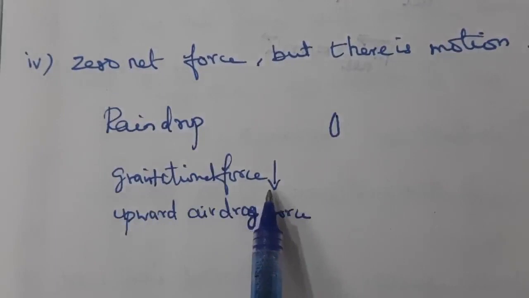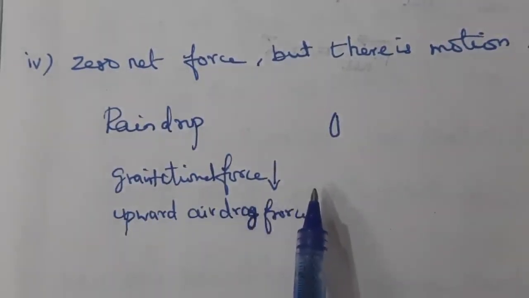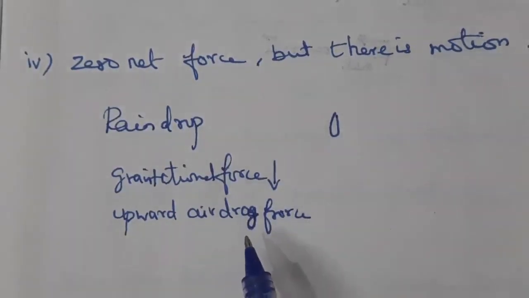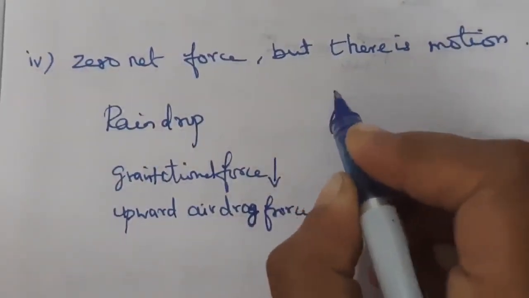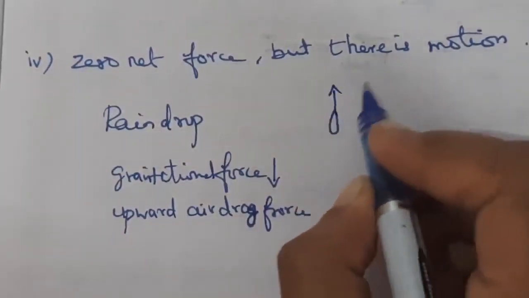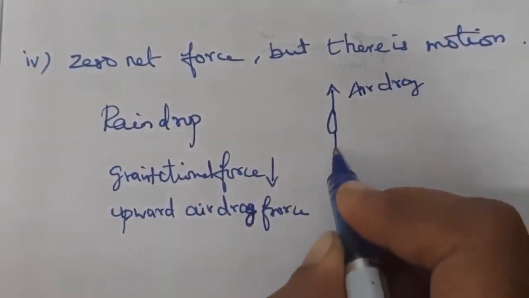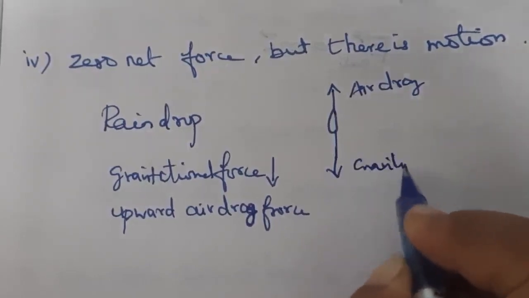That is gravitational force and air drag force. The gravitational force is acting downward and the air drag force is acting upward. This is the upward force, that is air drag force, and this is the gravitational force, gravity.